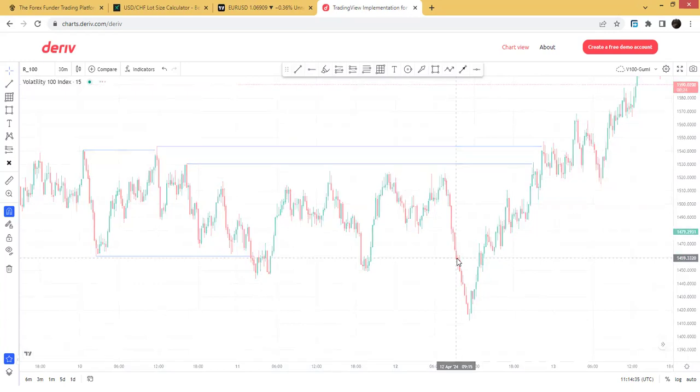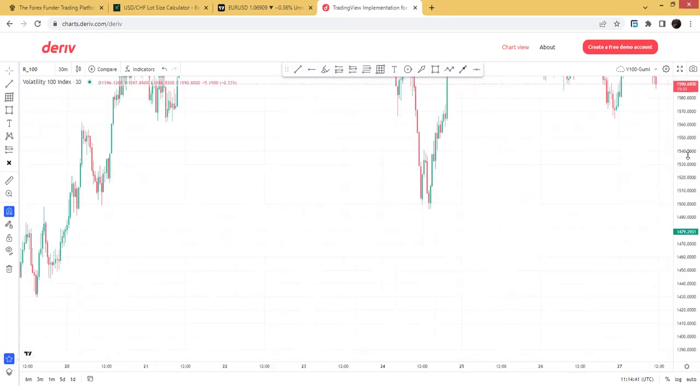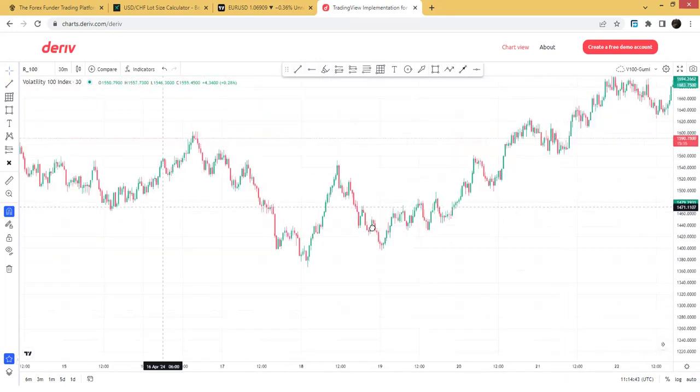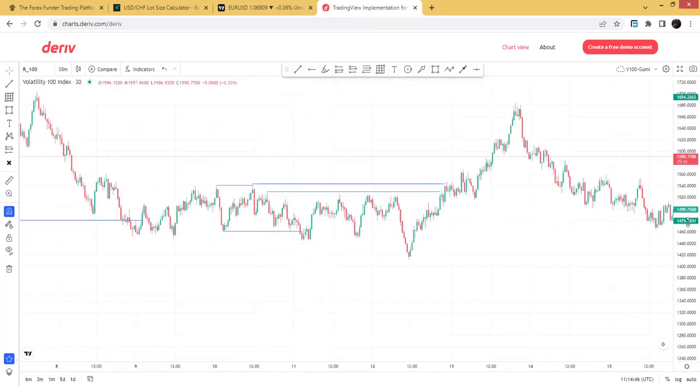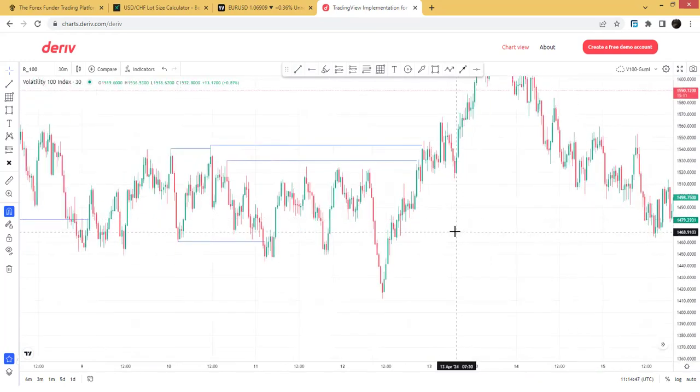Right, but let's check the 30 minutes time frame again. I want to see if there's something else we could have taken. Technically, this is a sweep, but I don't really like the break of structure here. This is a sweep, this is a break, and then price will come back, use this unmitigated, we can drop. Right, so this is actually another trade here.